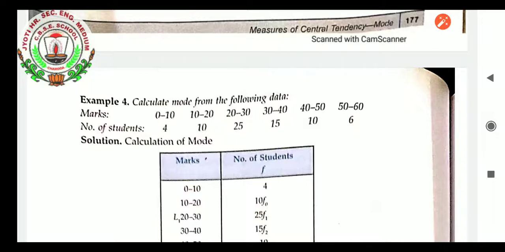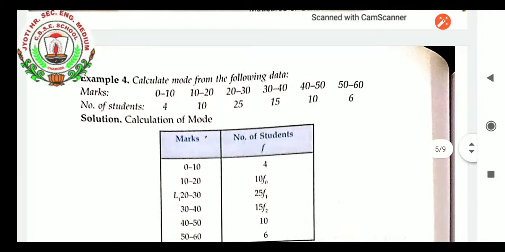We will take marks and number of students. First of all, observe which frequency is highest. I think it is 25. After inspection, we find the model class is 20 to 30. You write the frequency and the marks column as it is.